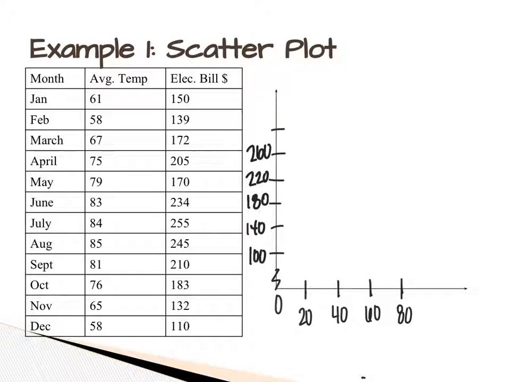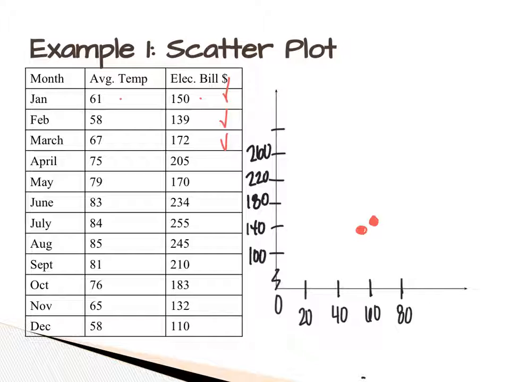So the first point is 61, 150. So I'm going to go right to about 60 and up to about 150. This is a scatter plot, so you don't have to be exact. You're just going to try to be close. So that's the first point. The next point is 58, 139. So almost to 60, almost to 140. The next point is 67, 172.